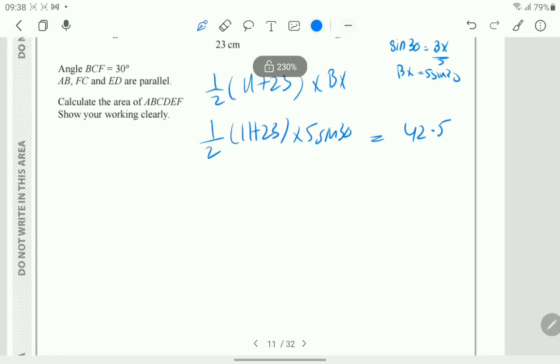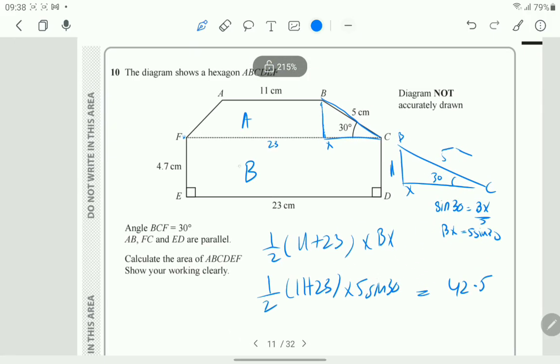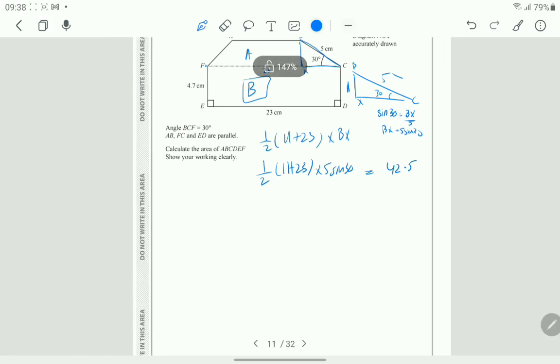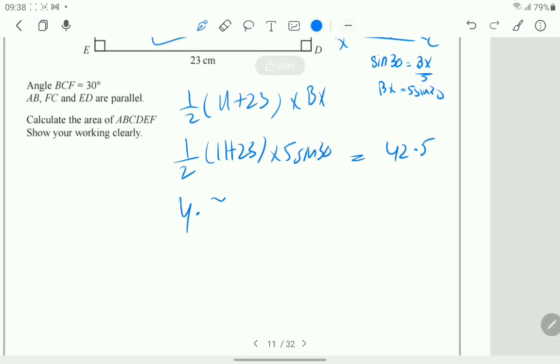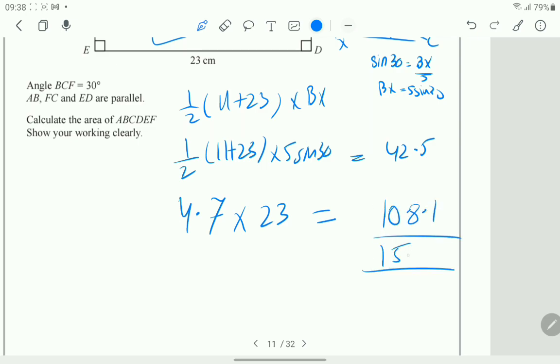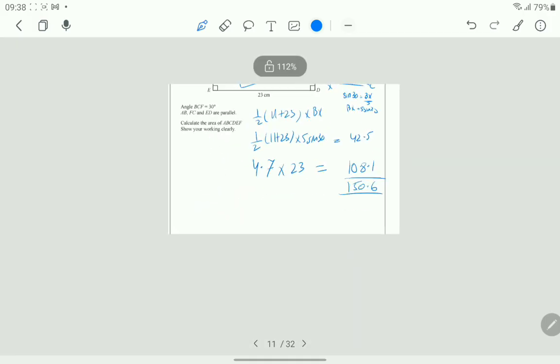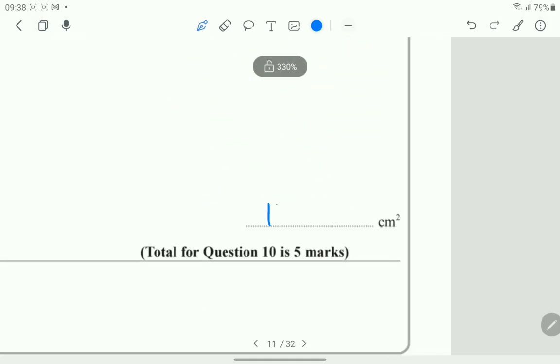And now for the second area, area B, it's very simple, just a rectangle whose area is 4.7 times 23, and we get 108.1, and if we sum these two we get 150.6. This is your final answer. Moving on.